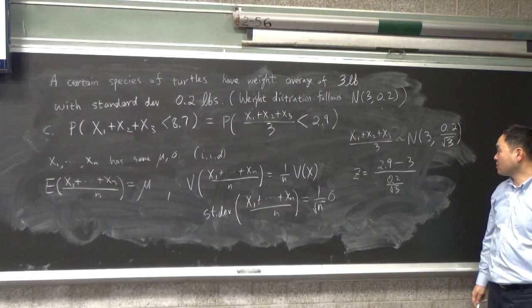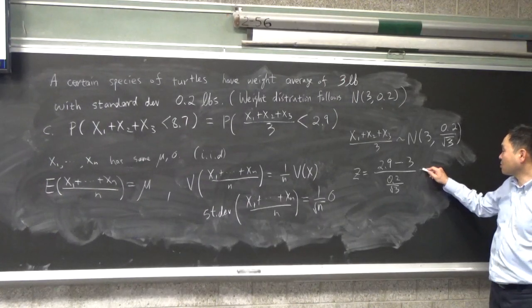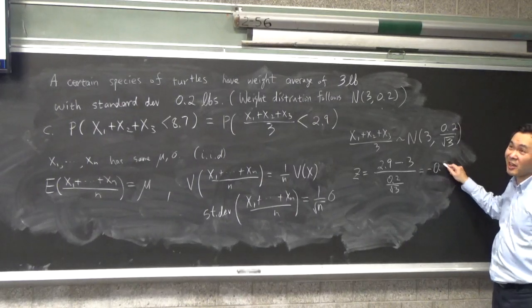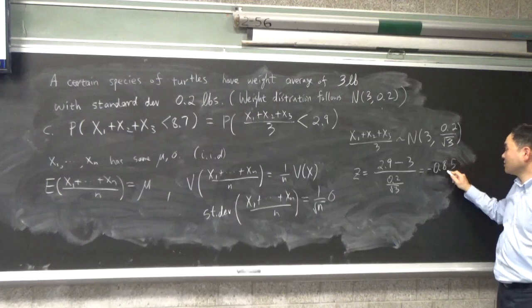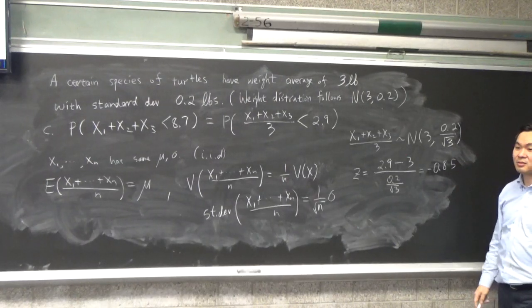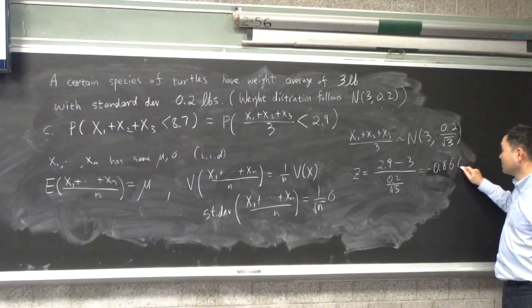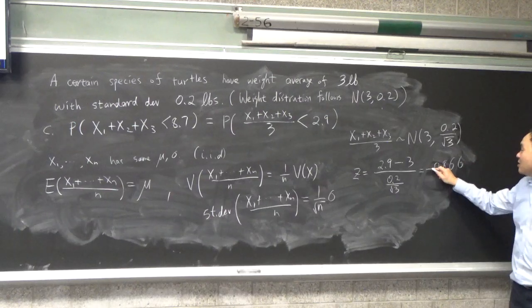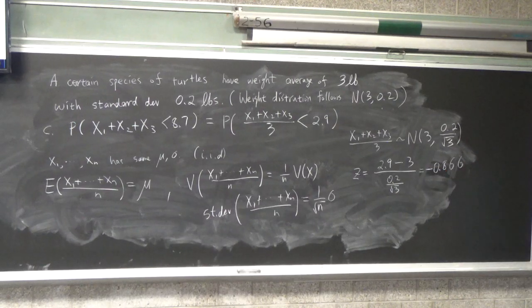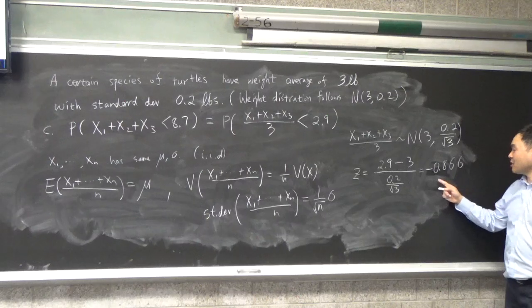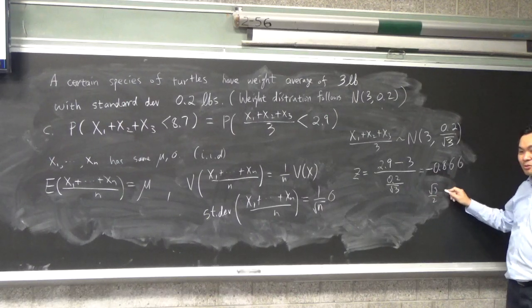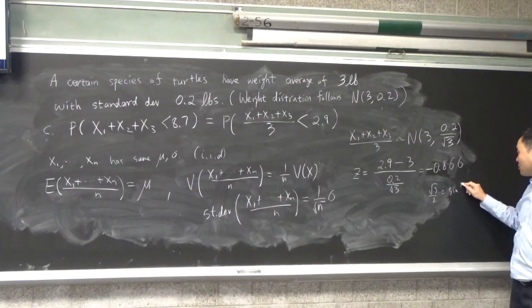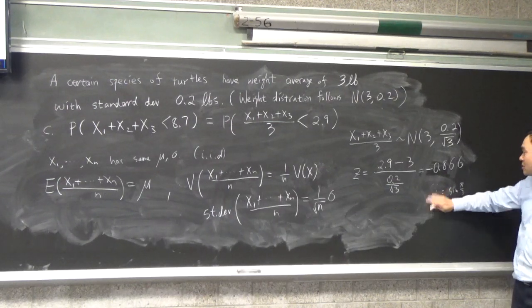It would be negative 0.866. Of course. This is like square root of 3 over 2, the sine of pi over 3, something like that.